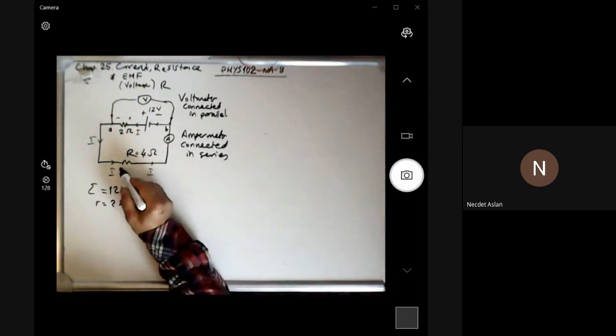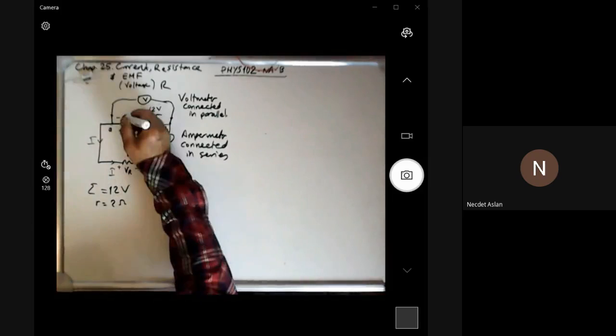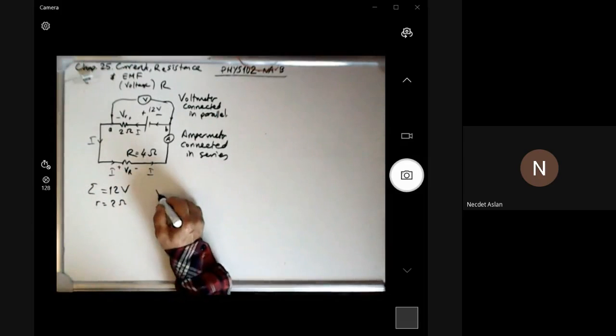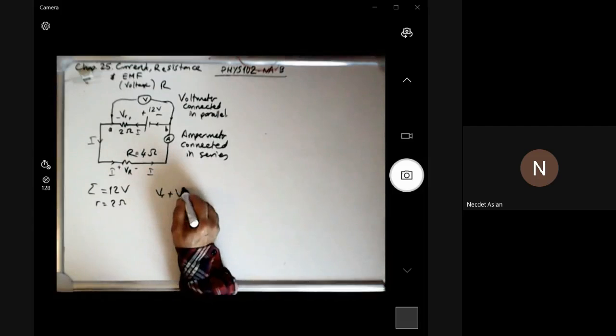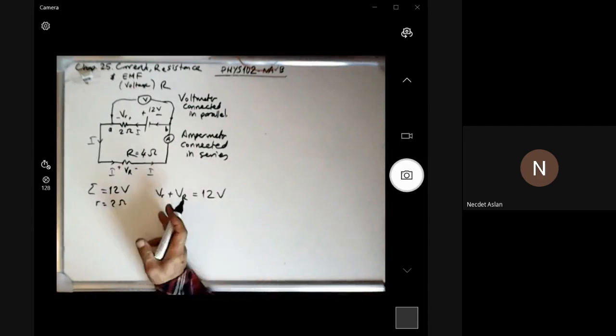Similarly, if the current is passing through here, there is a V_R across the big resistance and a small V_r there. So that V_r plus V_R should be equal to 12 volts because of conservation.